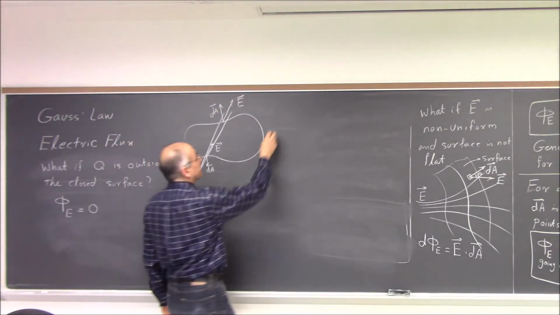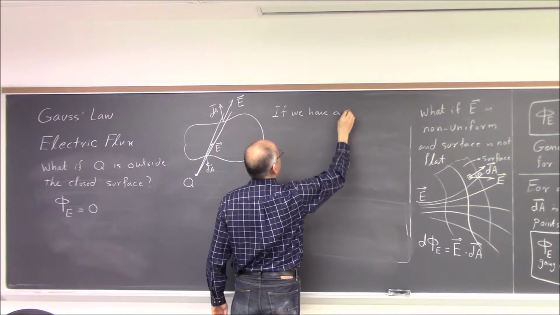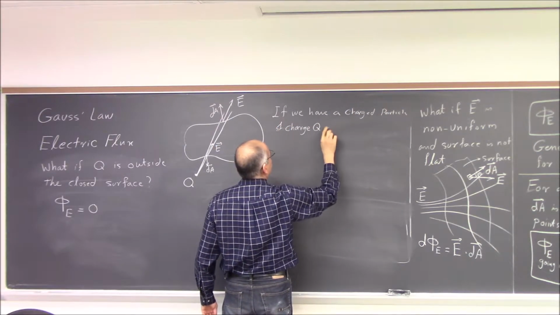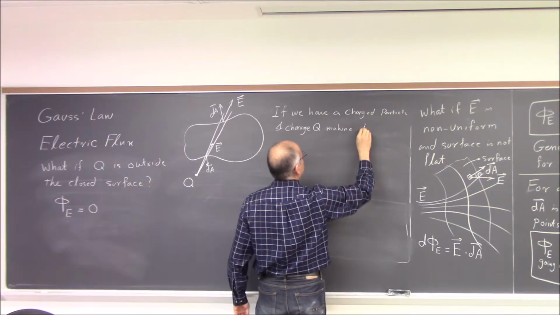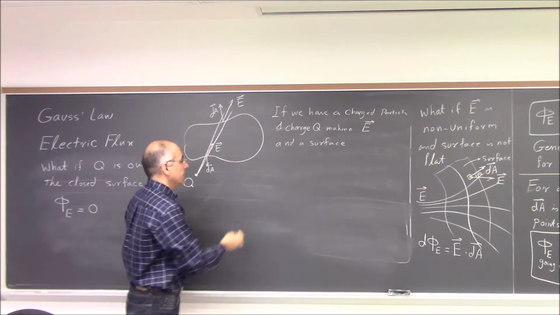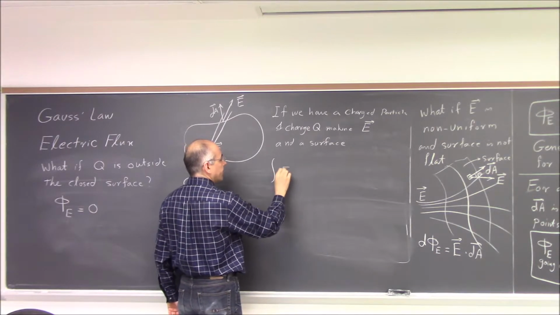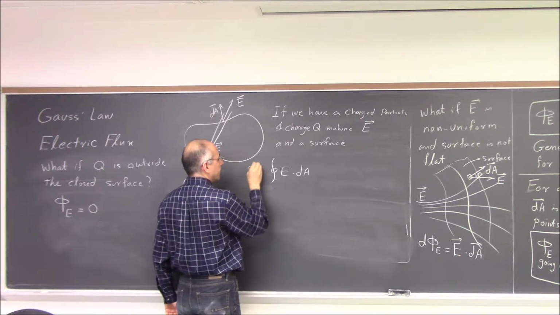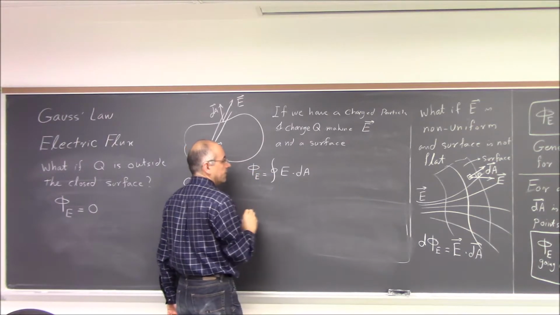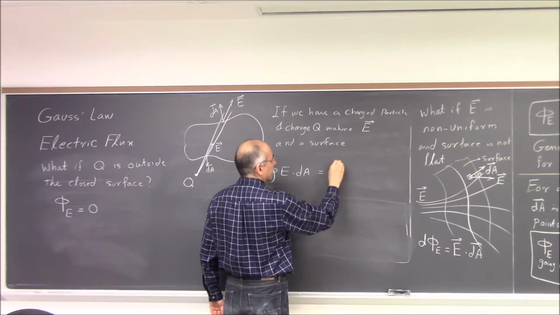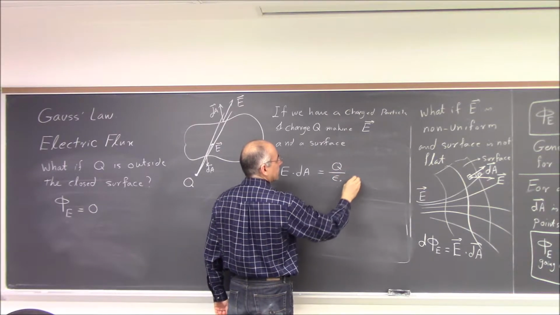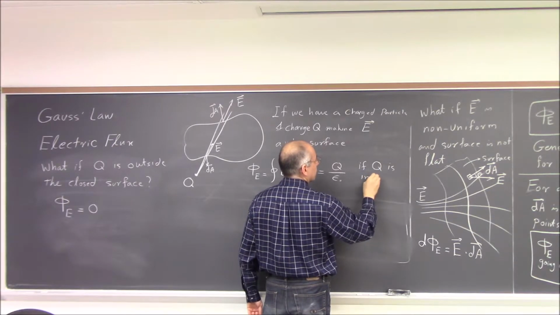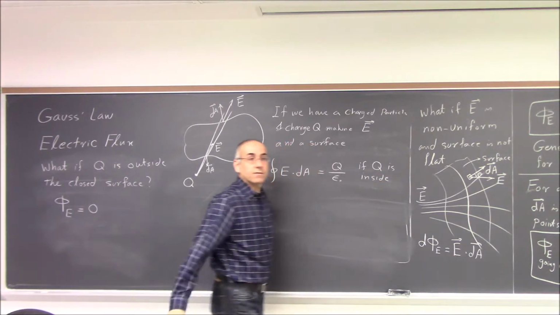In general, if we have a charged particle of charge Q making E field E and the surface, then the integral of that E field, E dot dA, over the surface, phi E over that surface, is equal to Q over epsilon naught if Q is inside the closed surface.